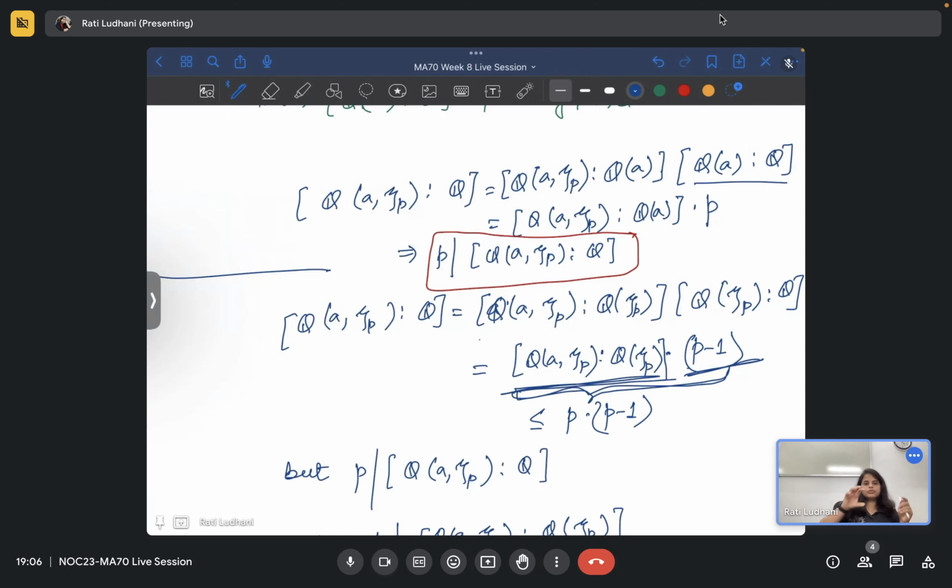And we have proved that this other part is also less than or equal to p. So we have qa zeta p over q zeta p, the extension degree of this, into p minus 1. And this first part is less than or equal to p, so this full factor should be divisible by p. We are done.